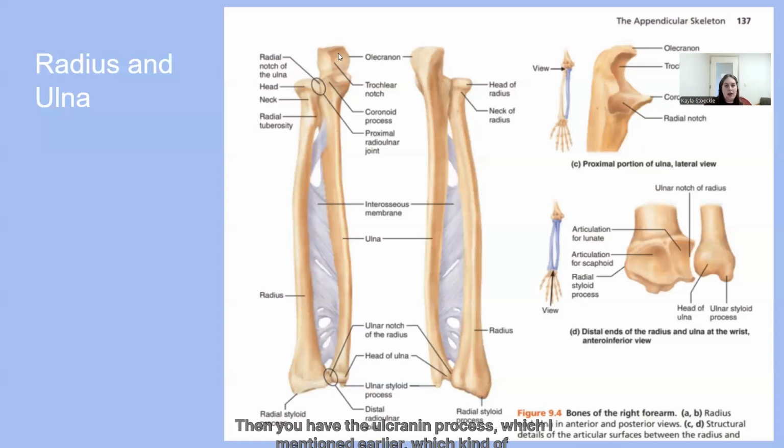Then you have the olecranon process, which I mentioned earlier, which kind of looks like the head of a snake from both the front and behind, specifically like a king cobra. It kind of looks like the head of a cobra.